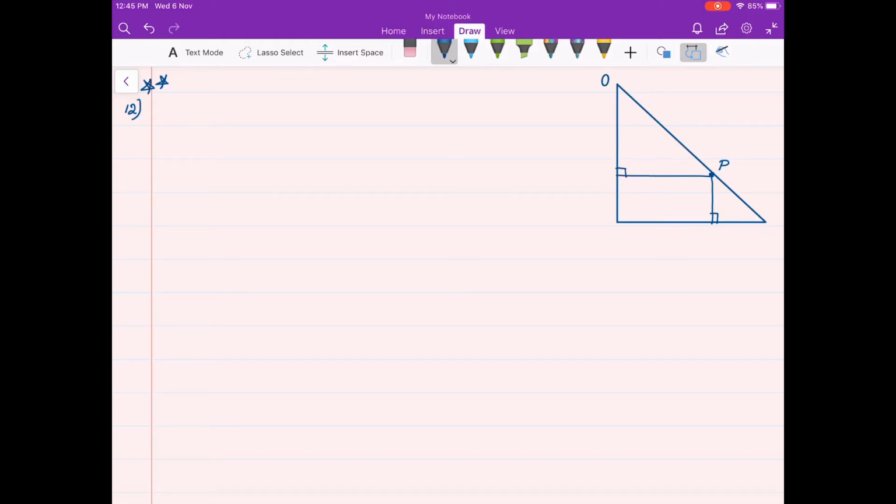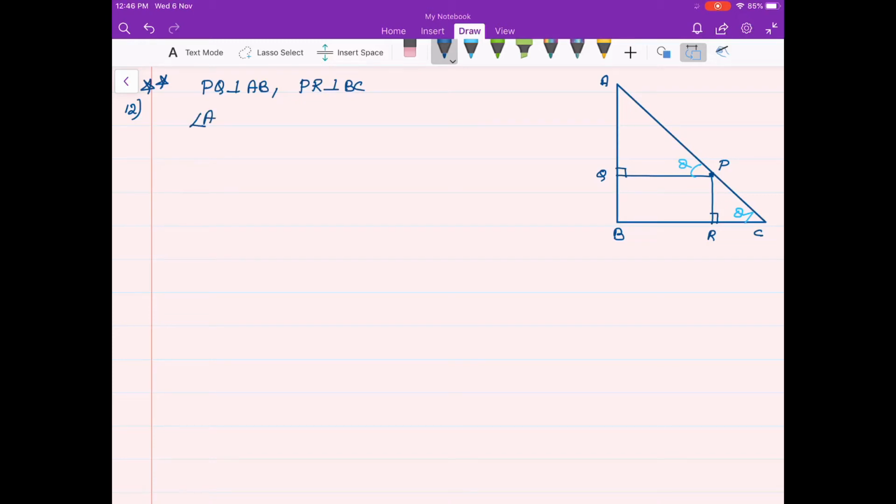Let me name the triangle as A, B, C, Q and R. PQ is perpendicular to AB and PR is perpendicular to BC. And we will take these two angles, corresponding angles, they are equal. So, I am taking them as theta.